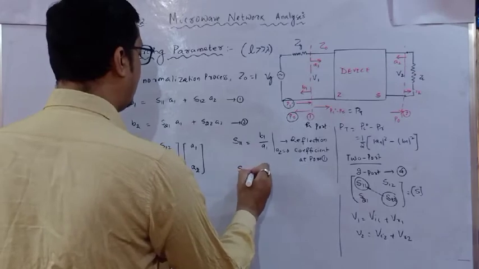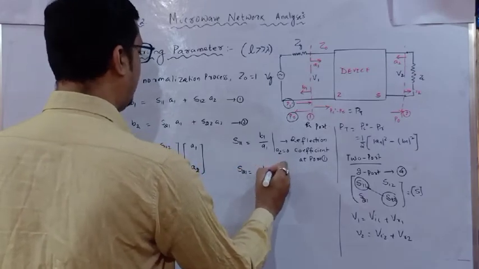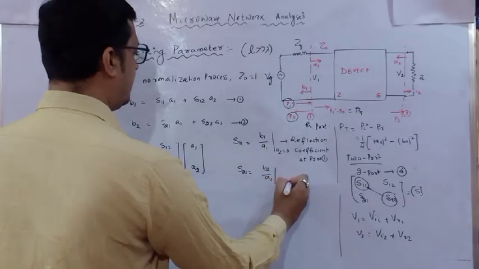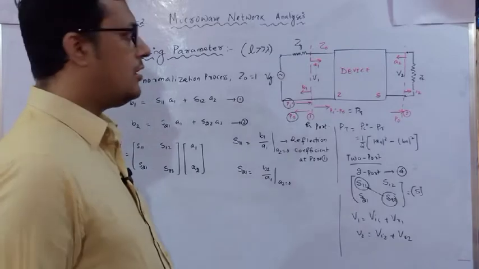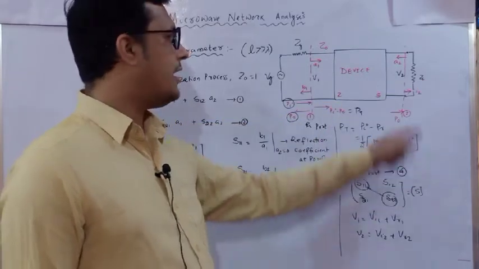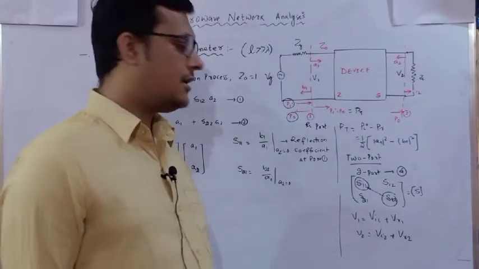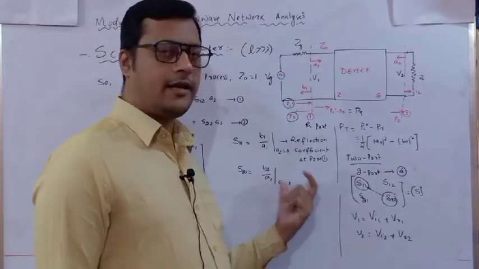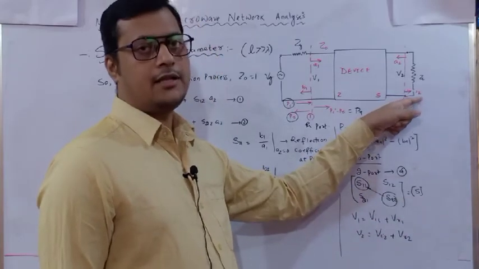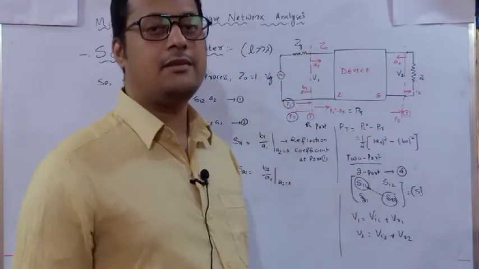S21 is equal to the ratio of B2 by A1 at A2 equals 0. Now what is B2? B2 is the reflected, normalized potential at port 2, and what is A1? It is the incident potential. Now if I take a ratio of the reflected potential with respect to the incident potential for port 2 and 1, it becomes an attenuation.